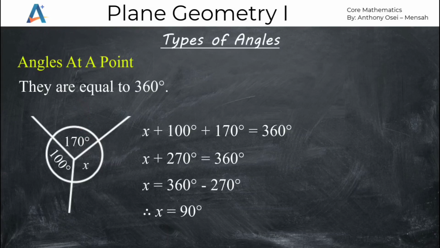So that is how we actually deal with angles at a point, also referred to as angles inside the circle or angles around the point. So, lovely one, at this point, if you are going through well with me on this plane geometry 1 topic as we talk about angles, you realize that some of the angles are a range of angles, greater than a particular value or less than a particular value.